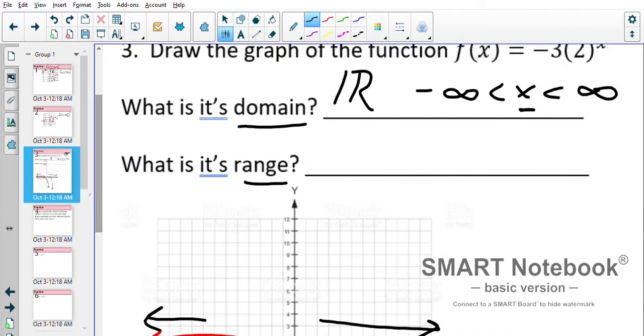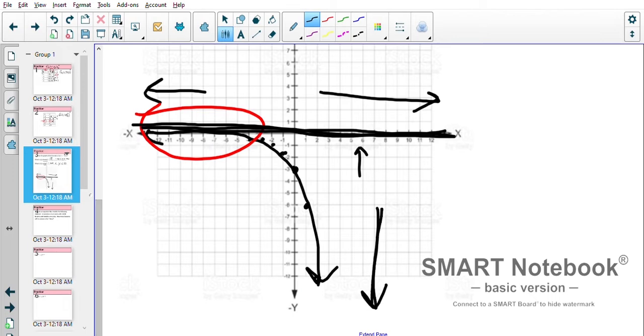So writing our range, we go down to -infinity, and our top value is 0, and the y values stay in between those. So we get -infinity is less than y is less than 0. So again, we can see we go all the way down to -infinity, but when we're going up, we continue to divide by 2, and we never get into positive numbers. So 0 is our ceiling there.